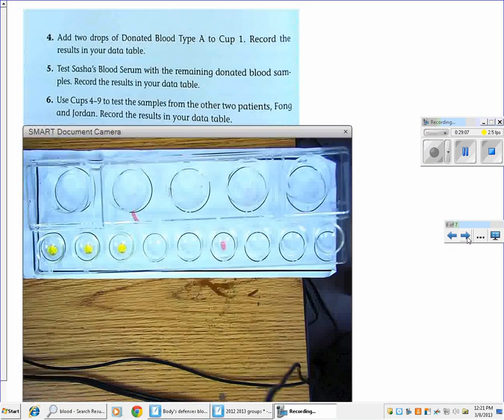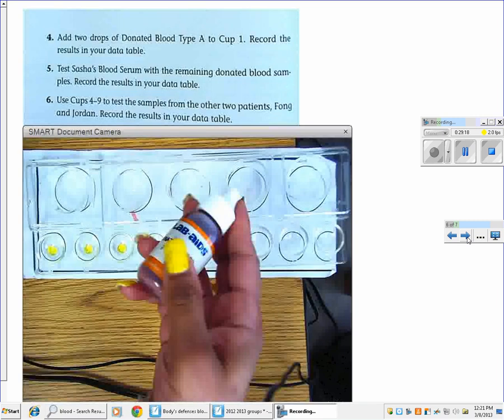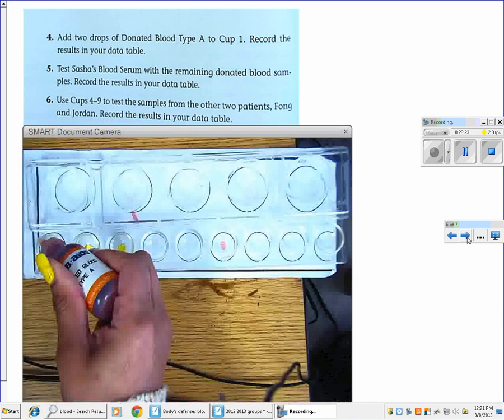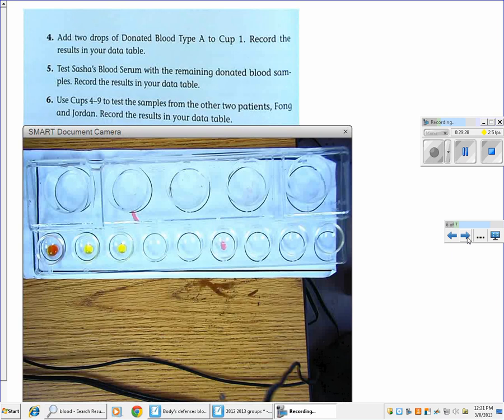We're going to add 2 drops of donated blood type A into cup 1. And you're going to record your data results.